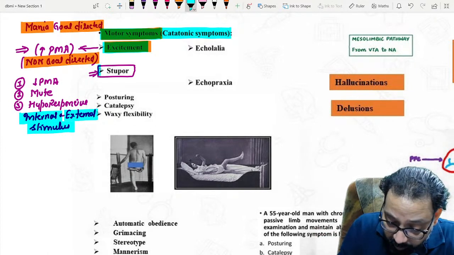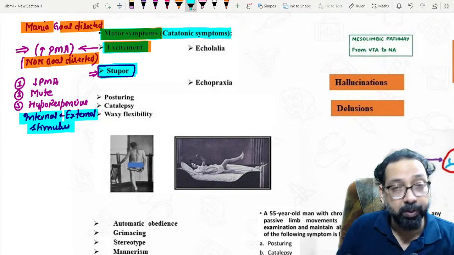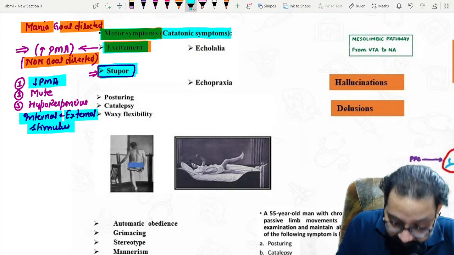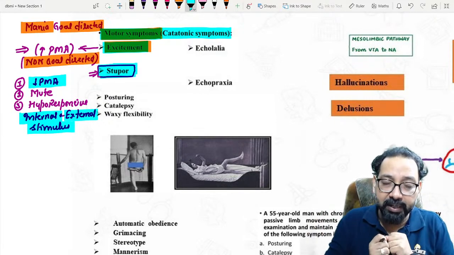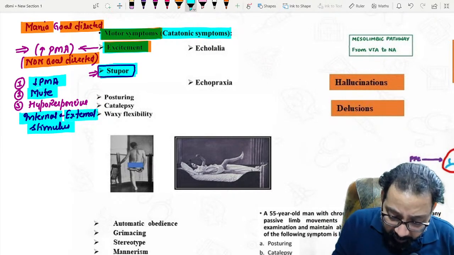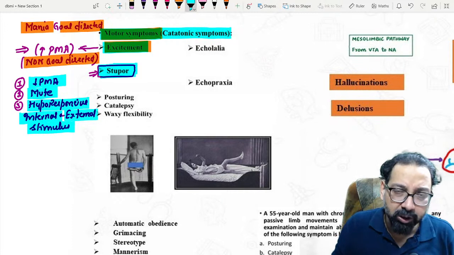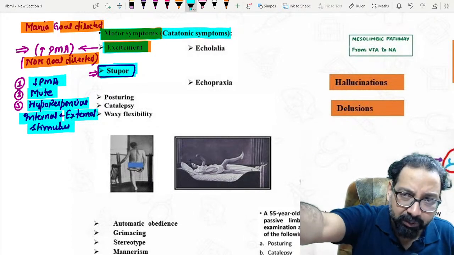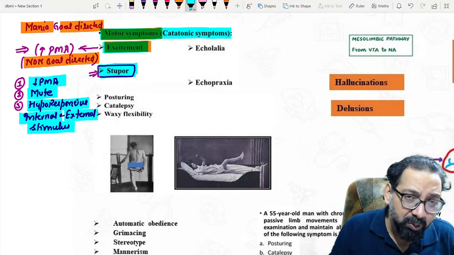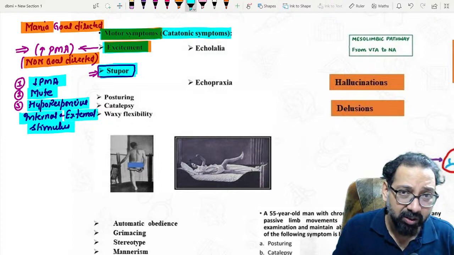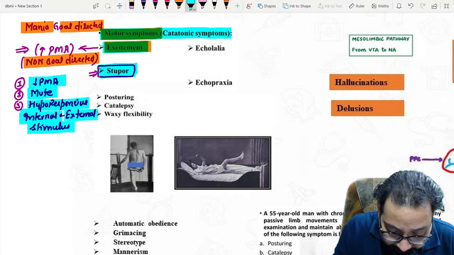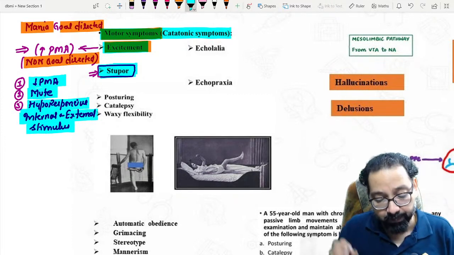So a question is asked, what is stupor? Stupor means decreased psychomotor activity, no movement, he is standing. Mute, he is not speaking. Hyporesponsive, you ask some question or ask him to do something, go to that place, lie down, stand up, he would not follow your command. That is stupor, hyporesponsive to both internal and external stimulus. Clear?